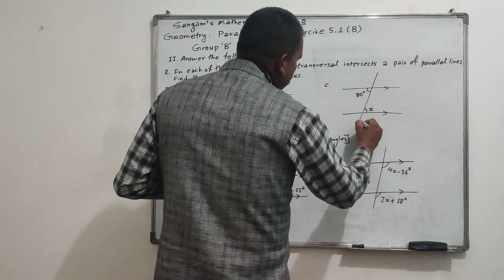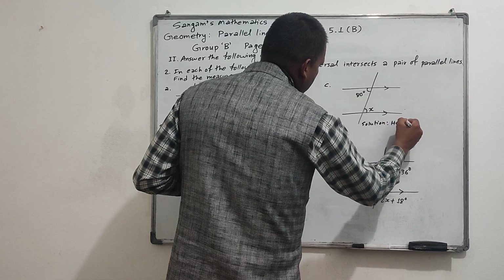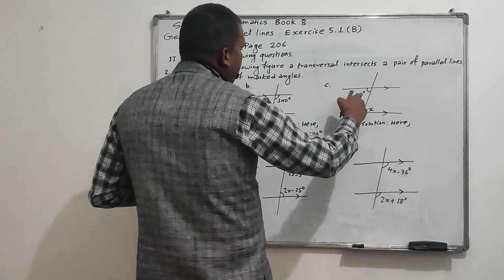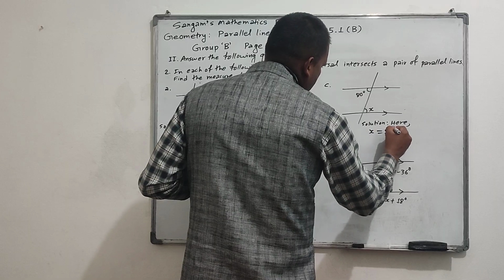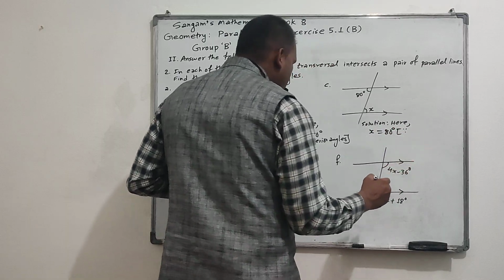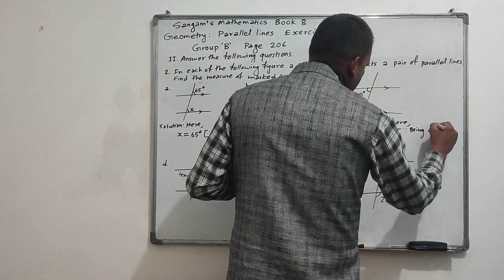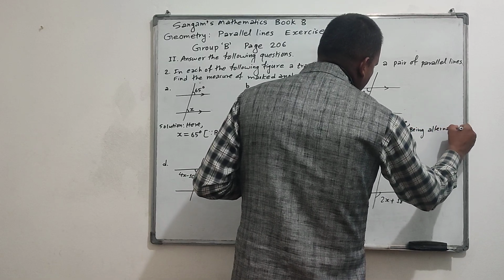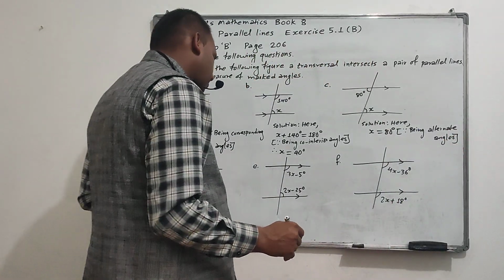On C, solution here, x and 80 degree are alternate angles, so we can write x equal to 80 degree, being alternate angles.